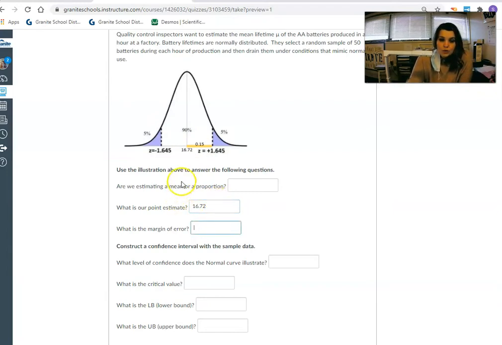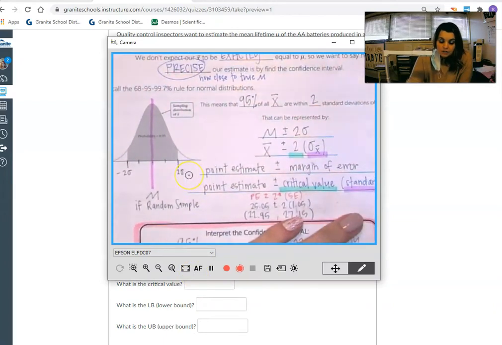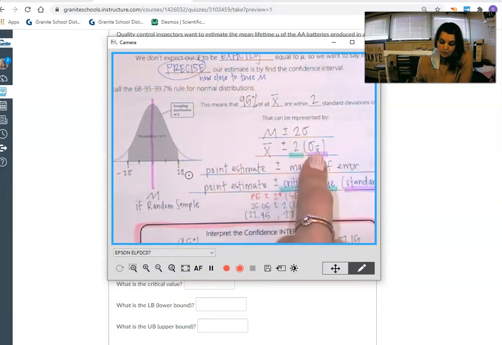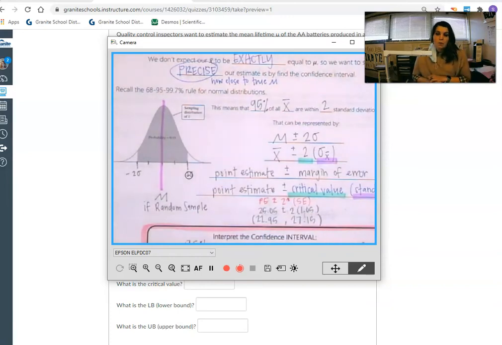Then they want to know the margin of error. Well, on our picture here, the margin of error is 2 times your critical value, which we go through and figure out is 2 times 1.05, and the margin of error is what we add or subtract from our point estimate.